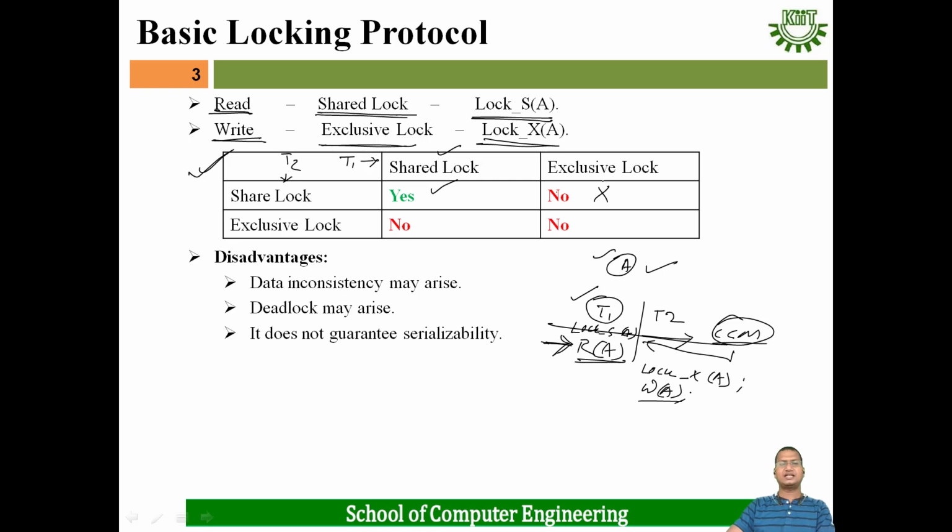Similarly, if T1 has applied a shared lock on a data item, and at that time T2 wants to apply an exclusive lock on that data item, that is also not allowed. Similarly, if a transaction has already applied an exclusive lock on a data item and another transaction wants to apply an exclusive lock, that is also not allowed.